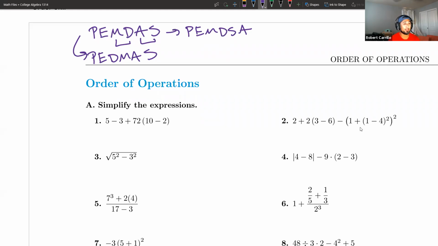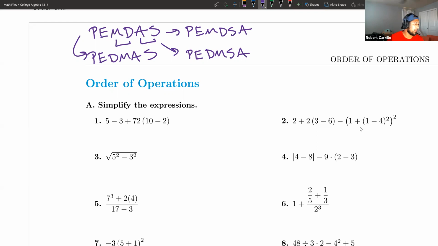And then I think there's just one more. PEMSA. There you go. So those are all our variations of PEMDAS. And remember, you work left to right. So if division comes first, you'll do division before multiplication. And if subtraction comes first, you'll do subtraction before addition.